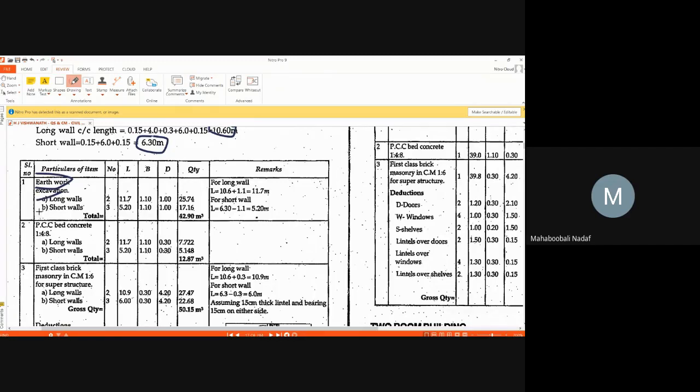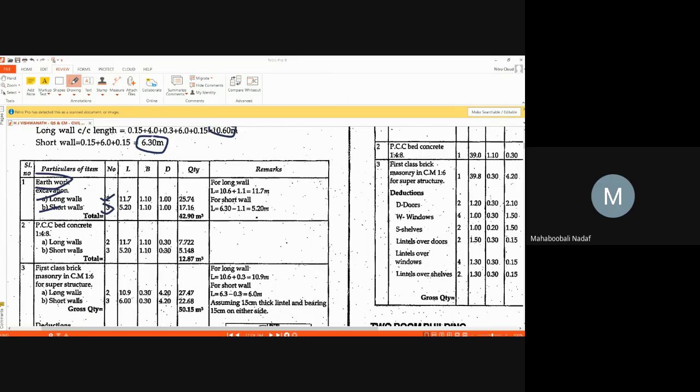Long wall you have to write, short wall you have to write. From the diagram, how many long walls? 2, sir. How many short walls? 3, sir. It is written, no?